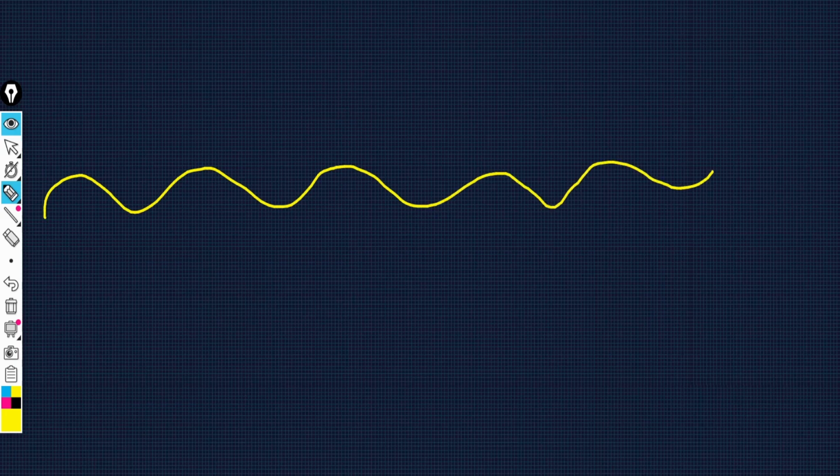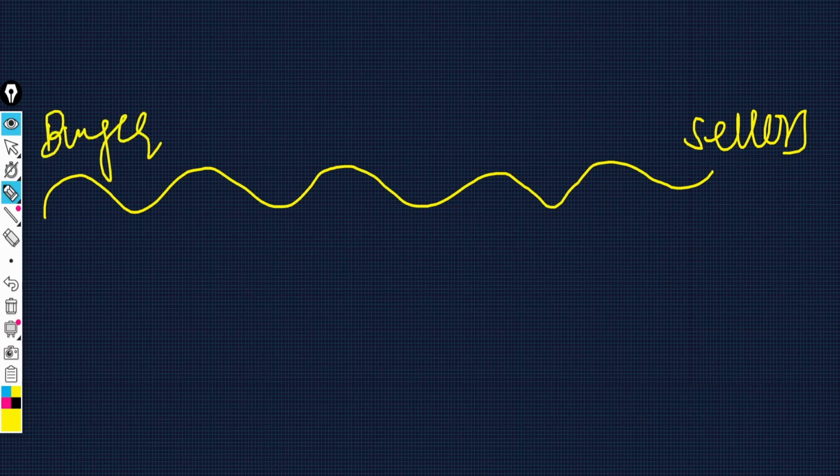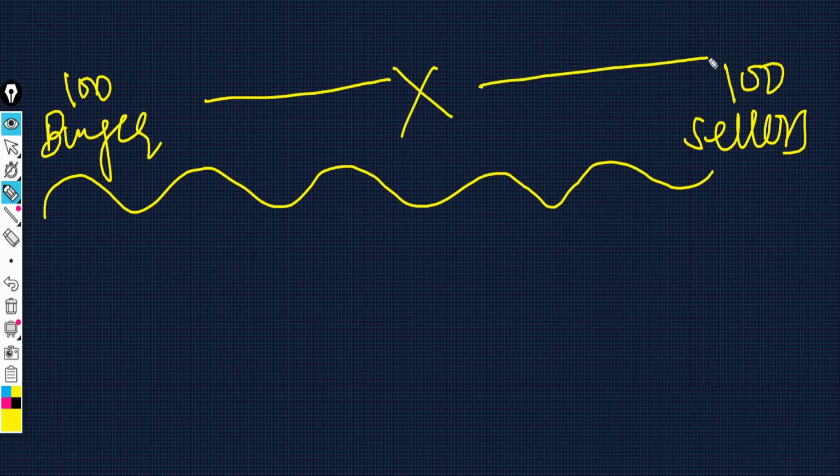So from the last two examples we may conclude, if sellers and buyers are buying and selling at a fixed price, the price will not go anywhere.